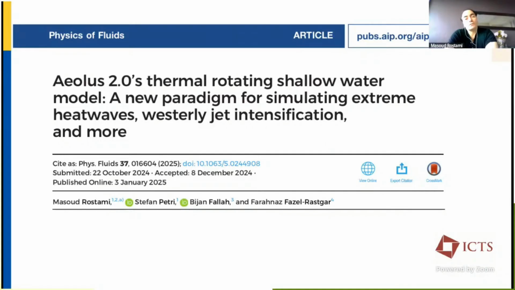This paper also includes an application of the system for some extreme events like heat waves or vessel jets. In this talk, I'll also show you an application of this system for the Madden-Julian oscillation and our recently developed theory for the mechanism of the Madden-Julian oscillation, which is based on moist convection.